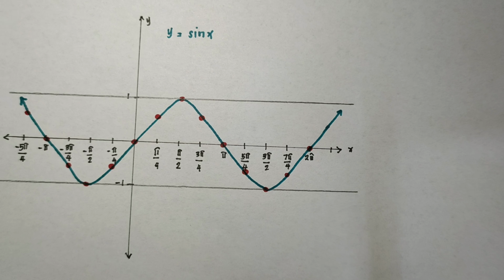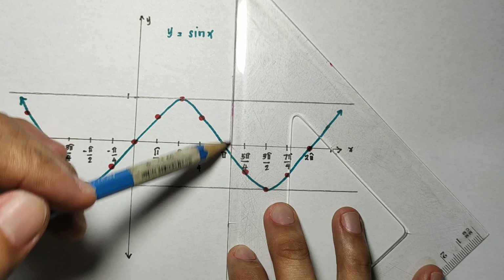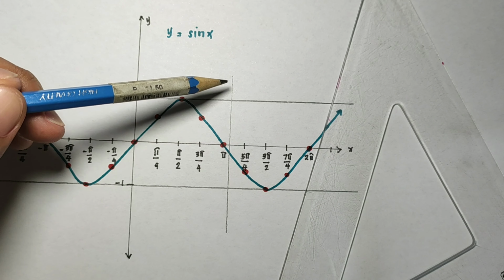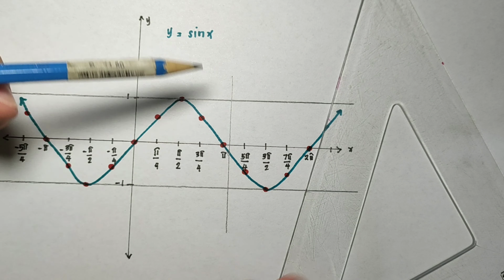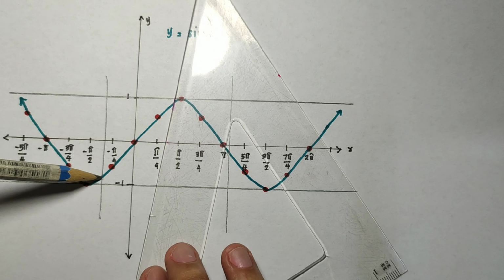Let us check. If I draw a vertical line there, the vertical line will intersect the graph at one point. On this part also, it's only 1 point.